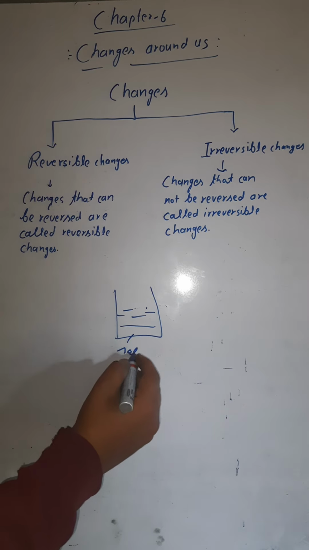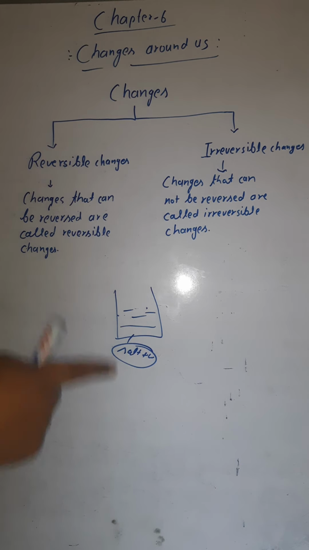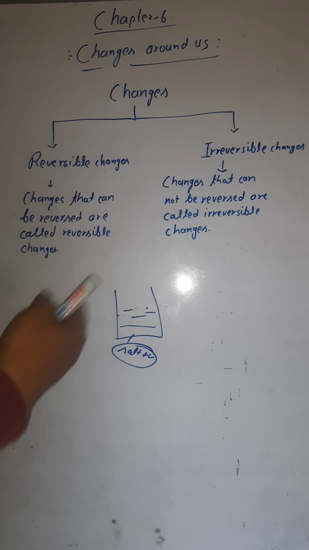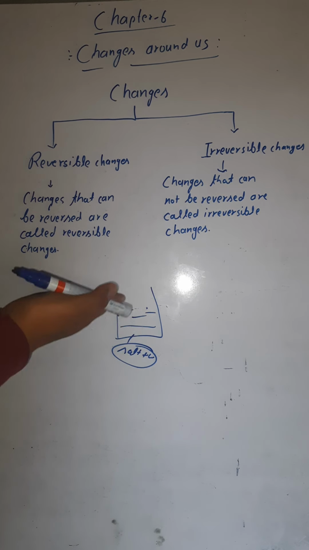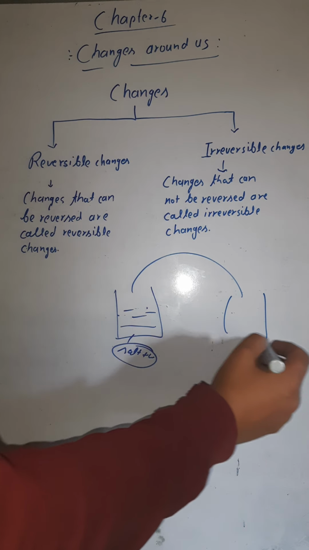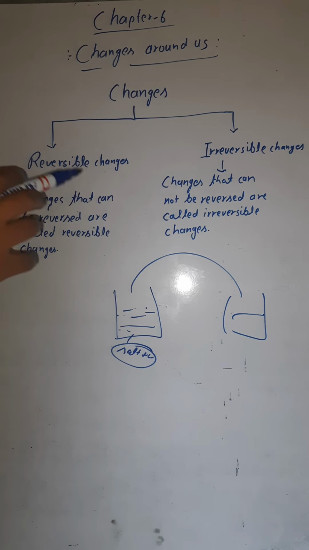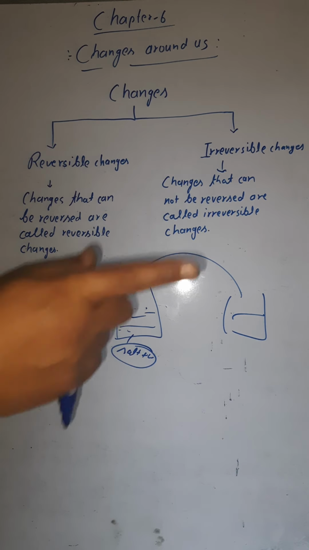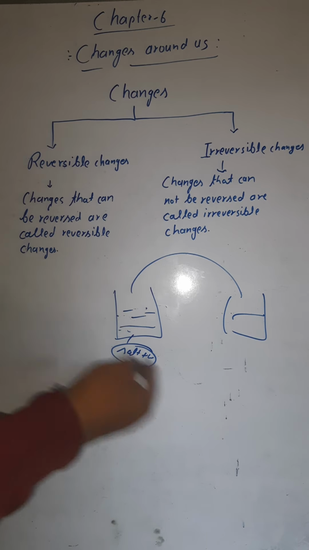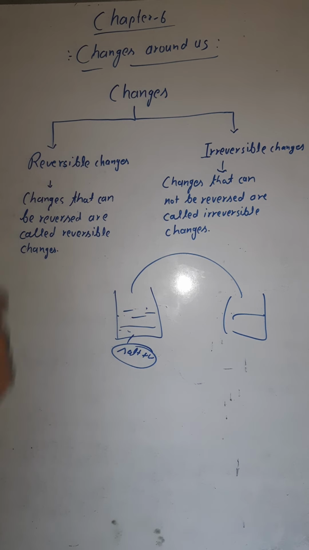Yes, we have discussed in the previous lecture that we can separate this by the process of evaporation and condensation. In the laboratory you evaporate the water and condense it, collect the water in another beaker, and the salt would be left over. Are you getting this? So from the solution of salt and water, you can separate the salt and water again. This is an example of a reversible process.